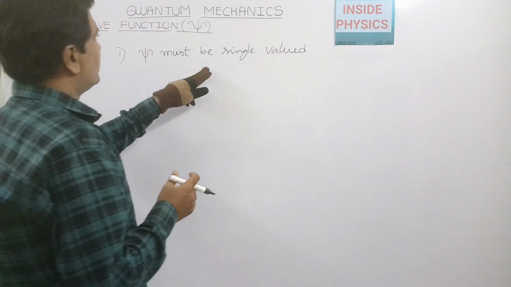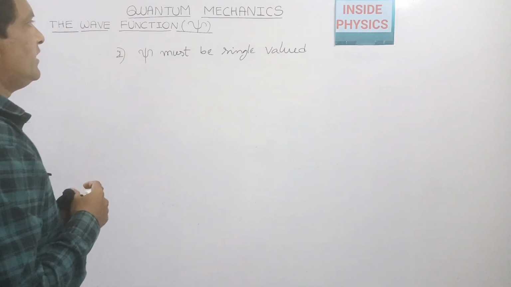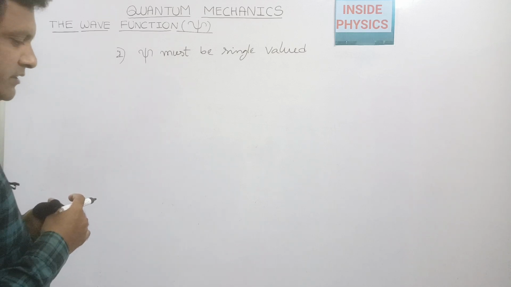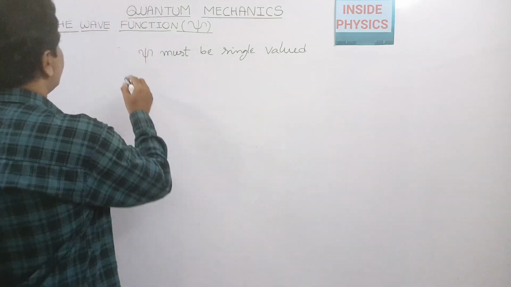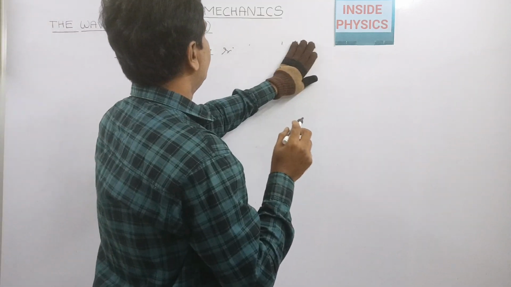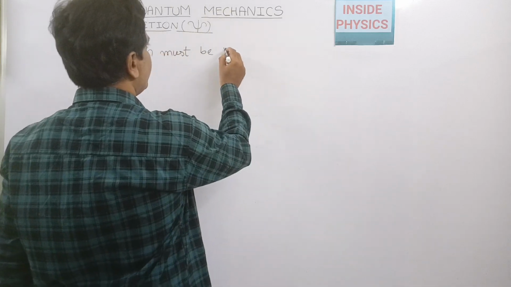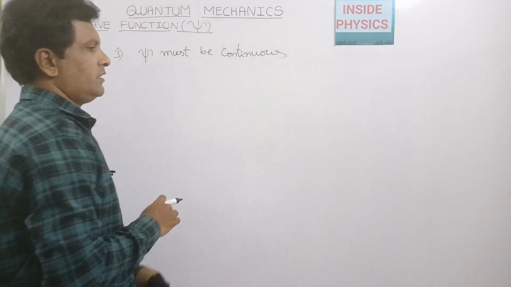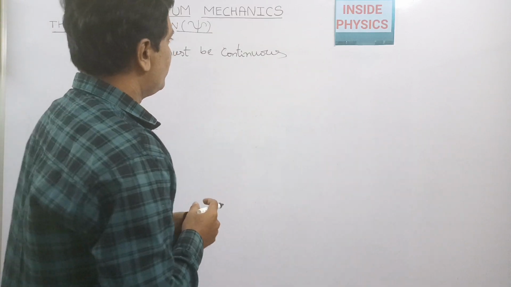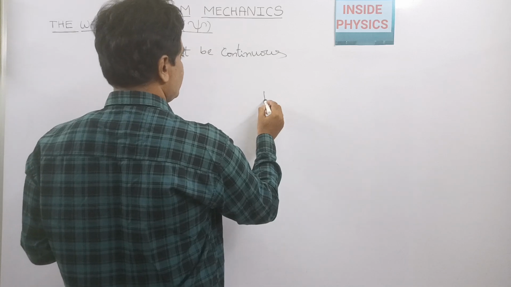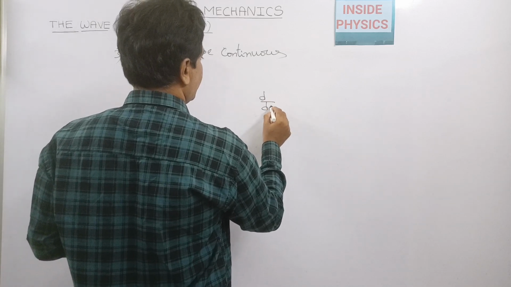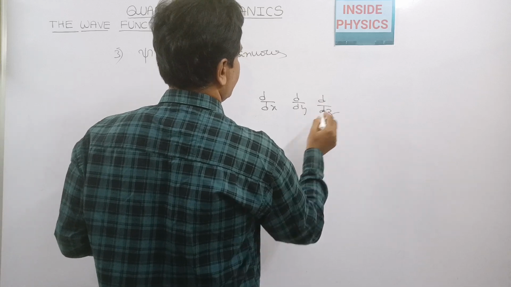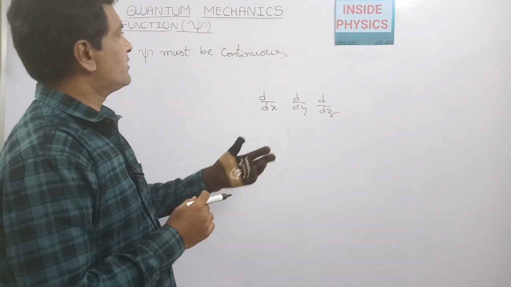Next, the third criterion to consider psi as a well-behaved function: psi must be continuous everywhere. Continuous means we will consider the boundaries, with d by dx, d by dy, d by dz, since we are in three-dimensional space.